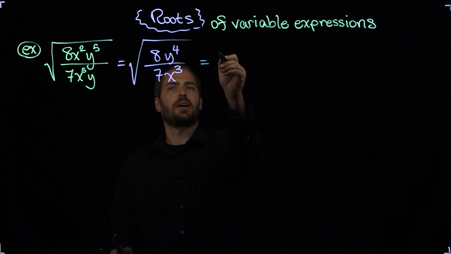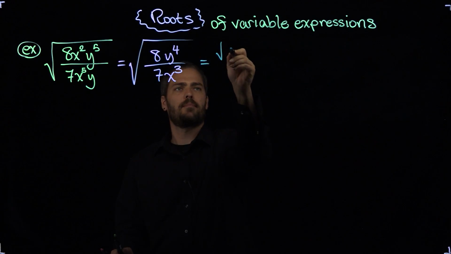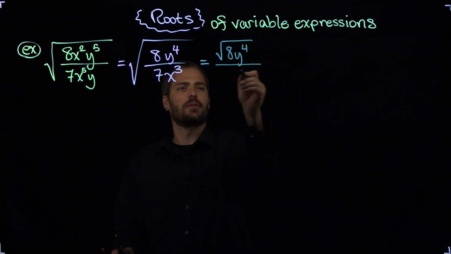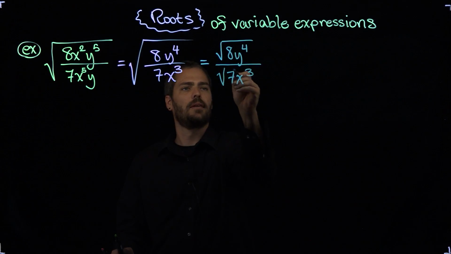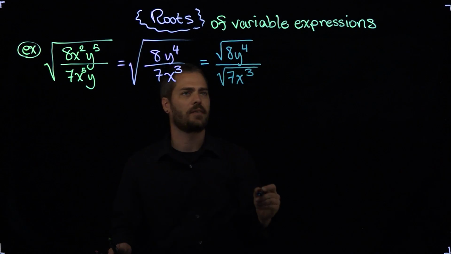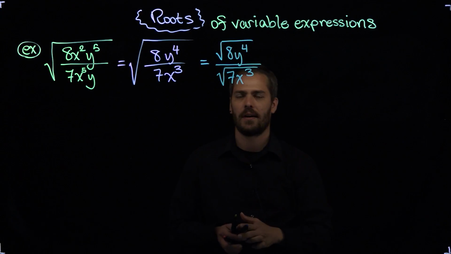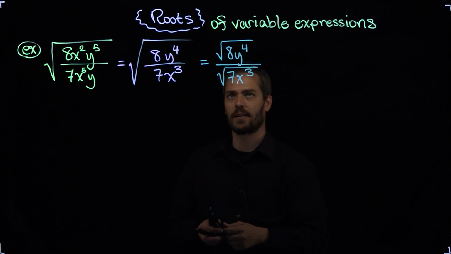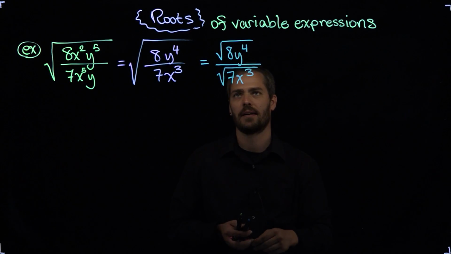And I'm going to start by calling this the root of the top, 8y to the 4th, over the root of the bottom, 7x cubed, and see if I can take the root of some of these things. Certainly the number 8 has a perfect square factor, namely 4.